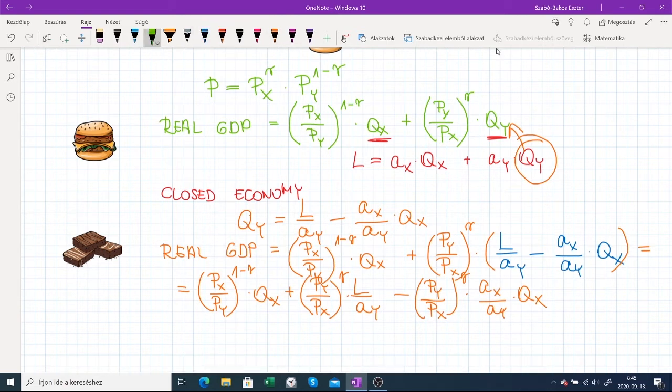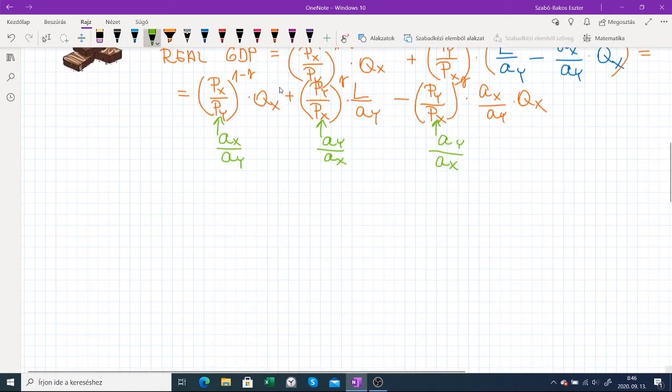In a closed economy, we know that the Px over Py, so the relative price, equals the ratio of the unit labor requirements. Px over Py equals Ax over Ay. So this Px over Py is Ax over Ay. This Py over Px is Ay over Ax. This Py over Px is Ay over Ax again. And we can use this knowledge.